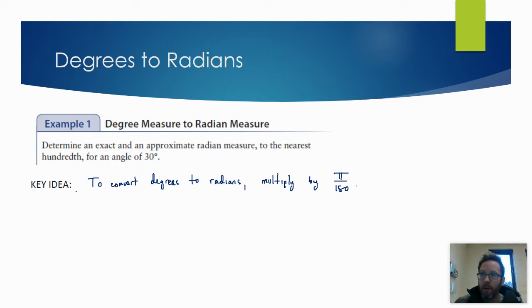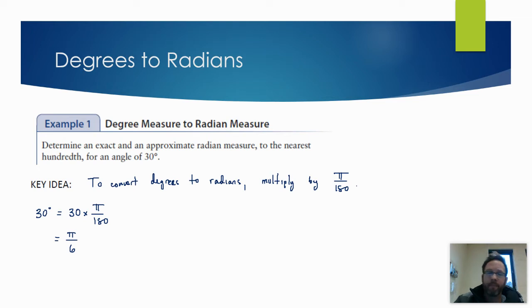So let's try this out. 30 degrees, to get it in radians, we do 30 and multiply by pi over 180. And we simplify. 30 over 180 simplifies to 1/6. Instead of writing 1/6 pi, we usually write pi over 6. And there we go. Degrees to radians, multiply by pi over 180.